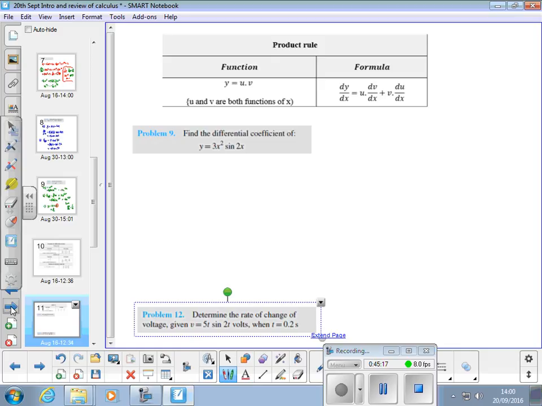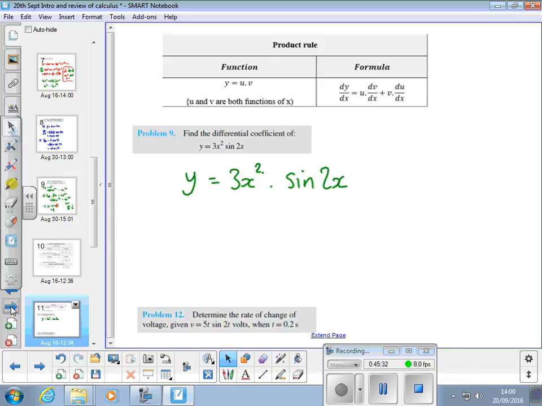So we've got y is equal to 3x squared, one function, times another function, sine 2x. What you can't do is differentiate that and multiply the results together like you did with addition or subtraction. Got to use this product rule formula.